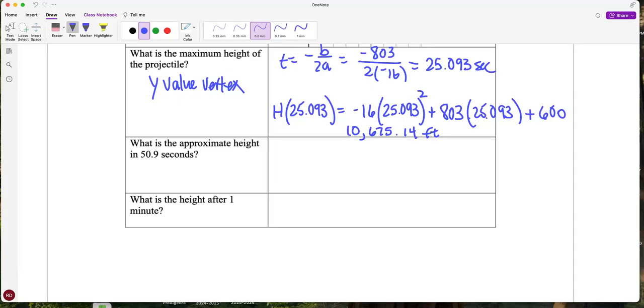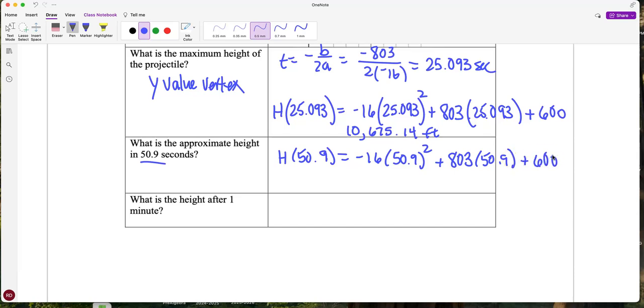What is the approximate height in 50.9 seconds? That's going to be h of 50.9, which is negative 16 times 50.9 squared, plus 803 times 50.9, plus 600.